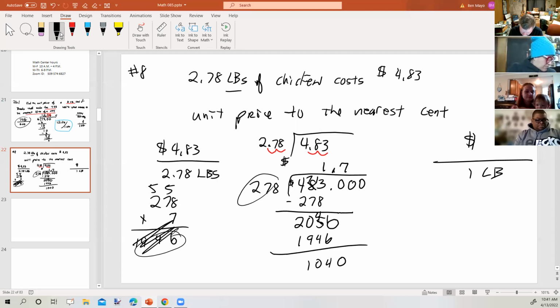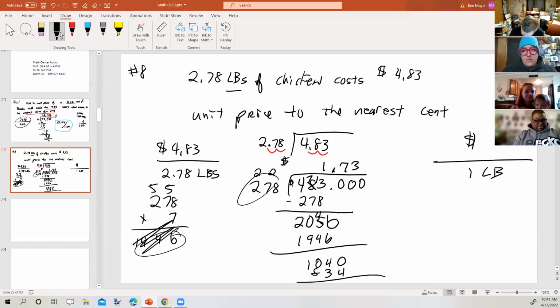278 goes in, let's see, 3, 7, 6, 7 times. Yeah, it'd go in another seven times, wouldn't it? No, it wouldn't. It's too much. How about 6 times? 5 times? 4. See, 4 up, 3. 24, carry the 2. 21, 22, 23, carry the 2, 8.